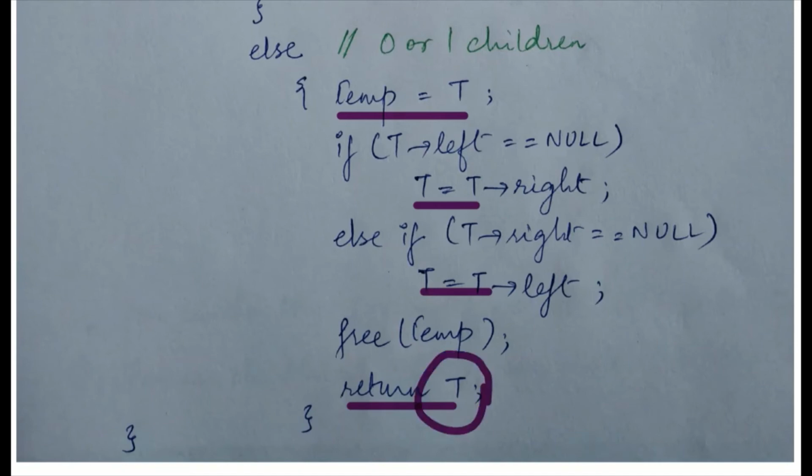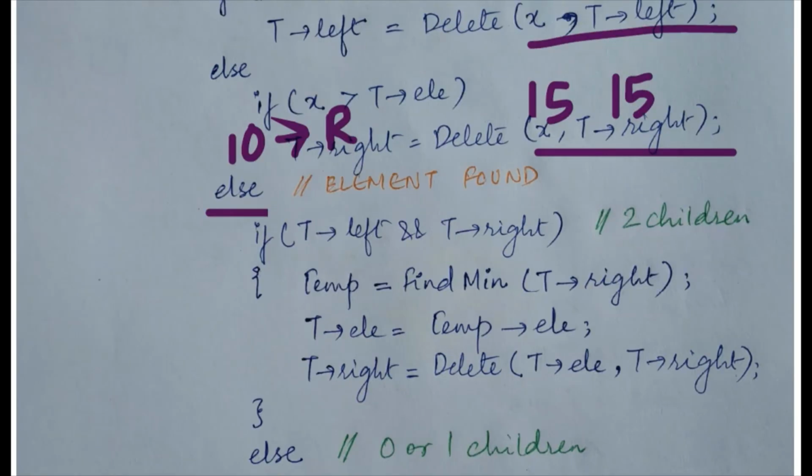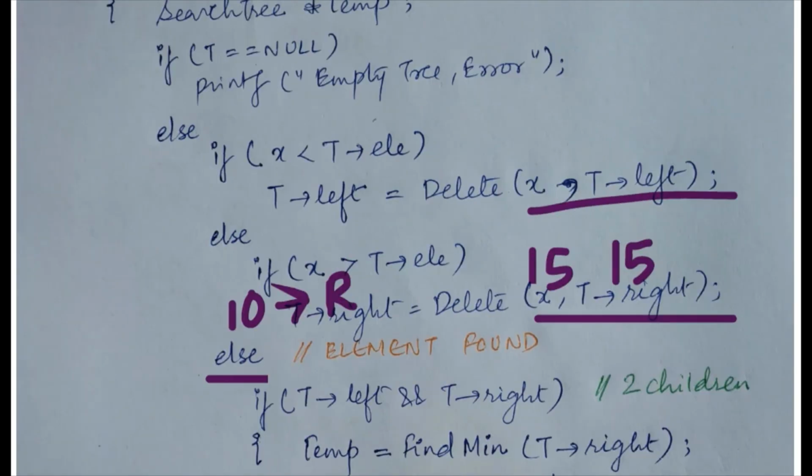We are freeing the value wherever 15 was, and we are returning that null. And where does that null go? The null is the replacement of this recursive call, and that null goes in 10 to right.